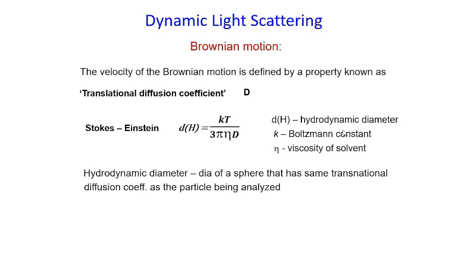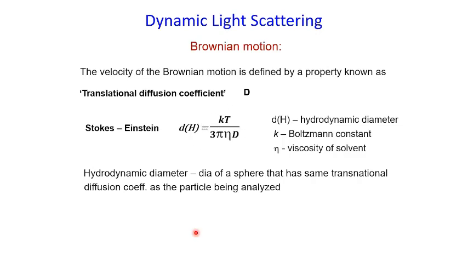So that is how the size of the particle in this case is defined, and that can be obtained from this Stokes-Einstein equation, wherein all the parameters such as K, T here is the absolute temperature, and eta are known. So if we can derive this translational diffusion coefficient D, then this particle size can be obtained from this equation.